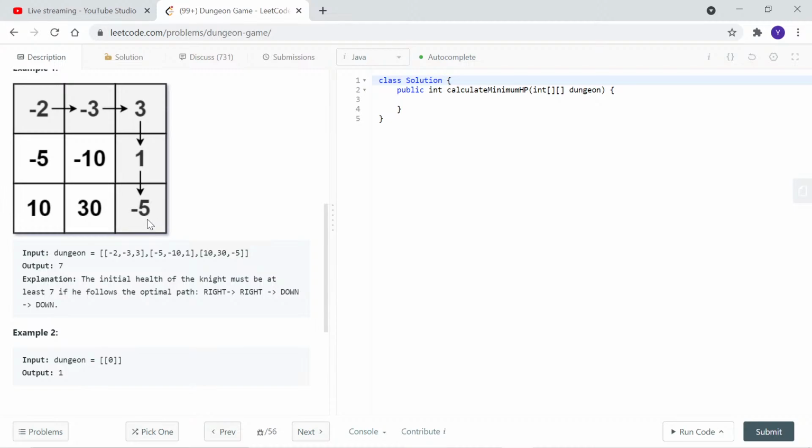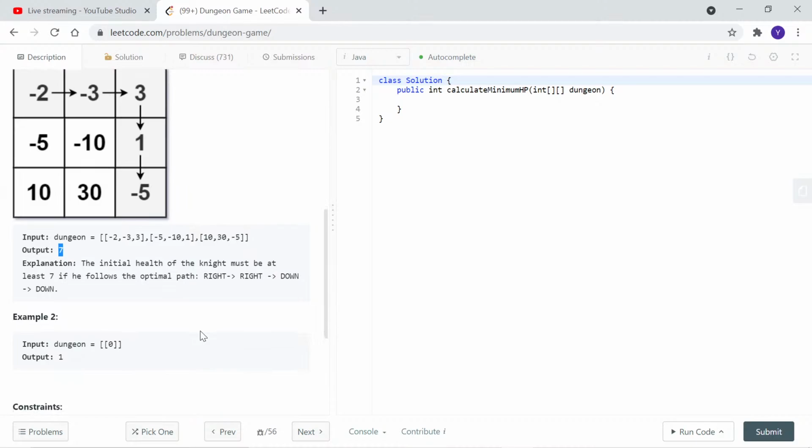rescue the princess. In the first example, this value is 7, and it can go this route: firstly go right until the cell with 3, and then go down until the last cell.